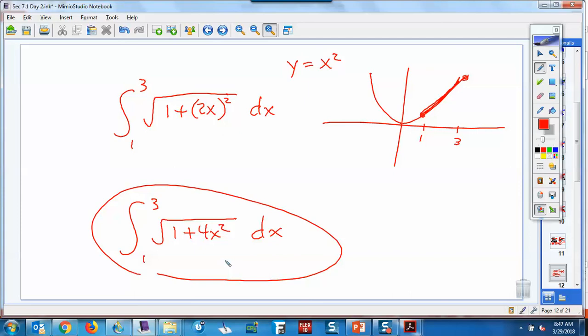Well, that'd be 2x quantity squared, and what function would have a derivative that was 2x? Oh, that'd be x squared, right? You kind of have to unpack that going backwards. So not a big deal, but just understand that an integral is just a number, okay? This integral happens to be the length of that piece of the curve. But it also can be the area under that integrand right there.